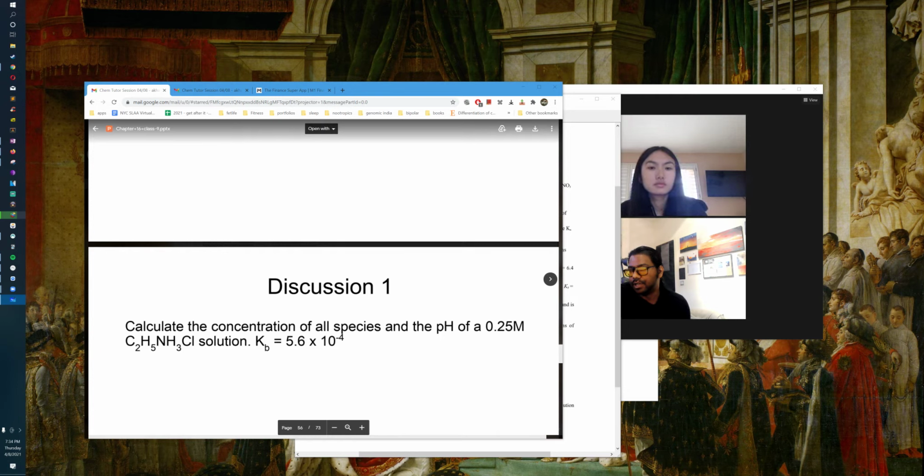So this is what happens when it's in water. It gives us the Ka value. Write the equilibrium constant expression for the dissociation of HF in water. So we'll do that. So 9A.